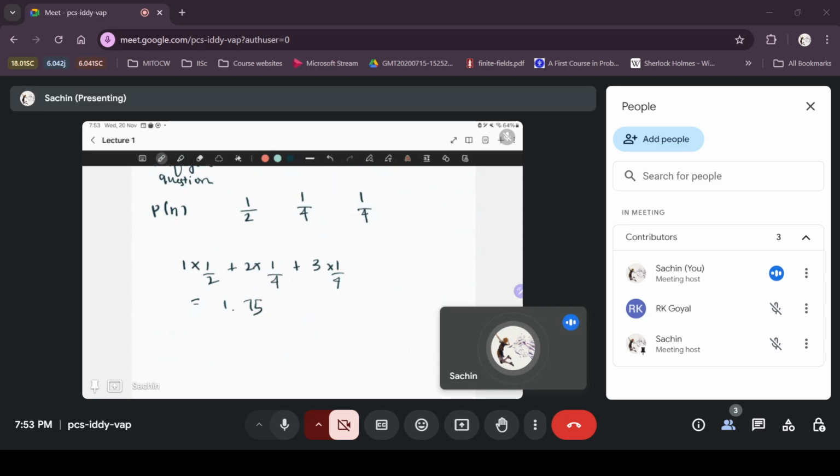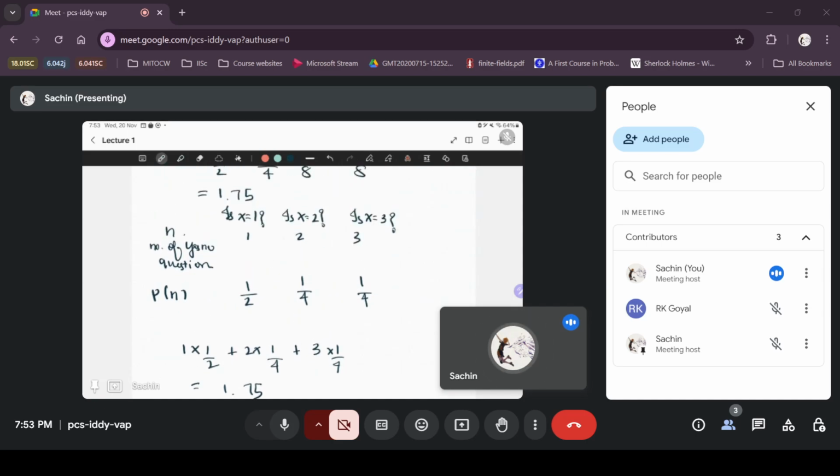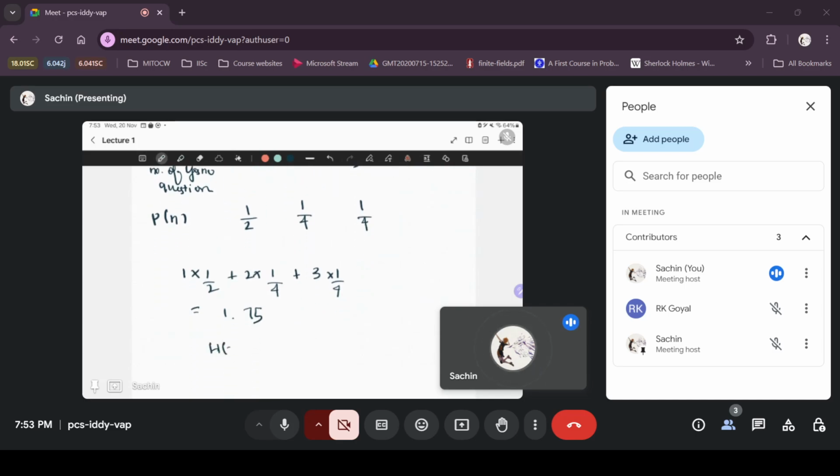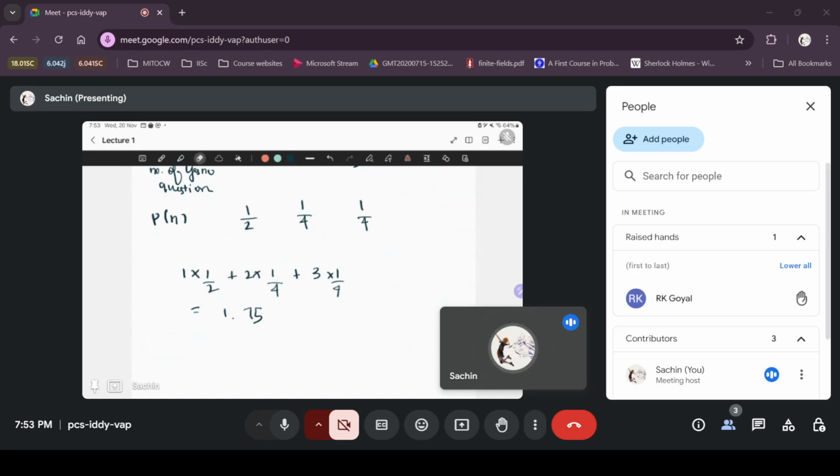So the minimum expected number of binary questions that you could ask to determine the outcome of the experiment will lie between H(X) and H(X) plus 1. This we'll see in a later lecture. So this entropy will give you a bound on the minimum number of yes/no questions that you need to ask to get the outcome.